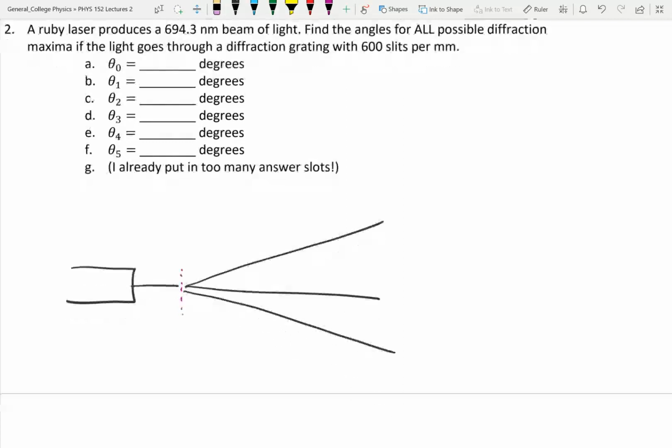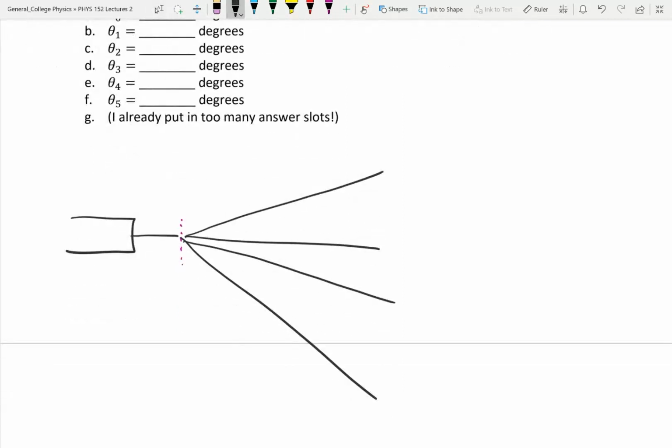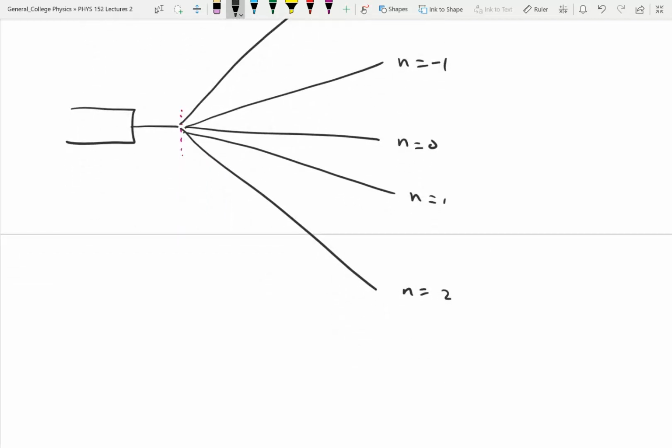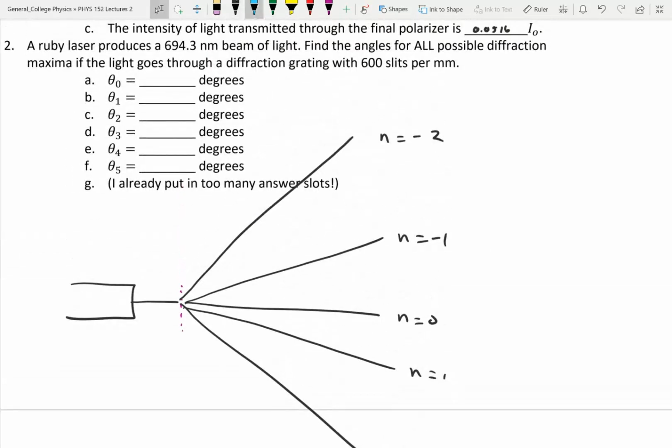well, let's be a little more realistic. And so this is n equals 2, n equals 1, n equals 0, n equals -1, which is symmetrical. So I don't need to do the -1 and -2 because they're the same as +1 and +2. And potentially more. In this problem, there aren't more, but potentially more.